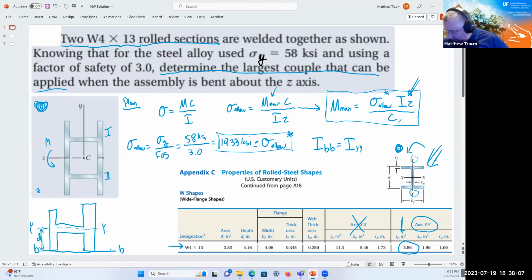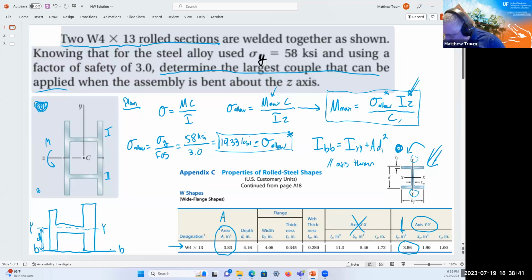So it's going to be IYY plus the area of this guy times what I've called D1 squared. So that's my parallel axis theorem. And in order to solve that, I need this IYY, which I've got here, and then I need the area of this whole thing, which is here. So that's my area. And then I need this D1.